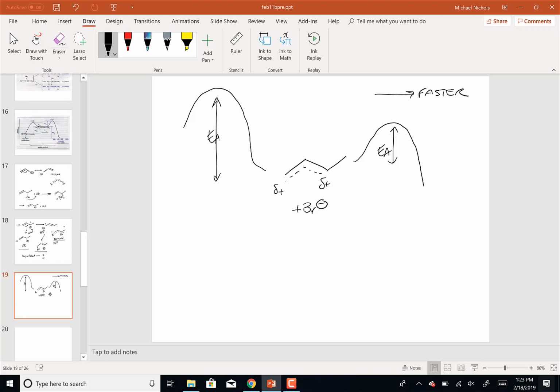I'll just double the temperature. Which way is the reaction going to go faster? To the right or to the left? Right. Good. It's still going to go faster to the right, even if I give it more energy.